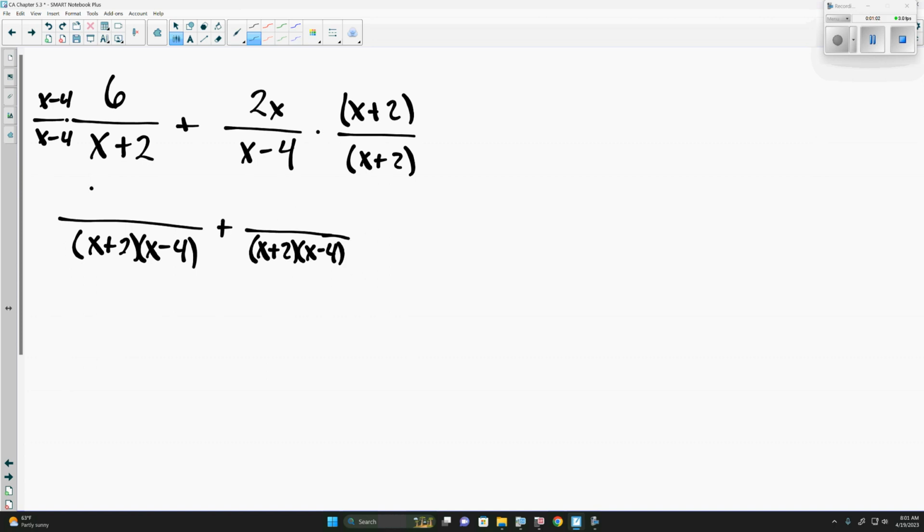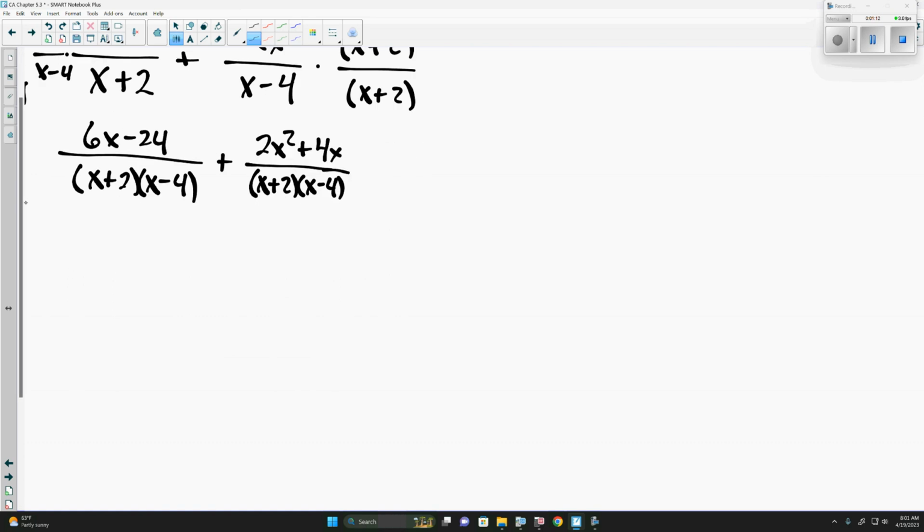And then we'd multiply the numerators. From here, we would add like terms. Also, we have 2x squared plus 10x minus 24 over x plus 2 times x minus 4. And this would be it here. And we would go through putting it together.